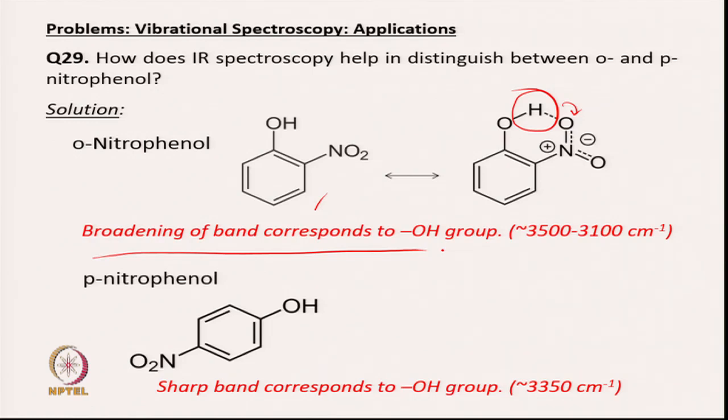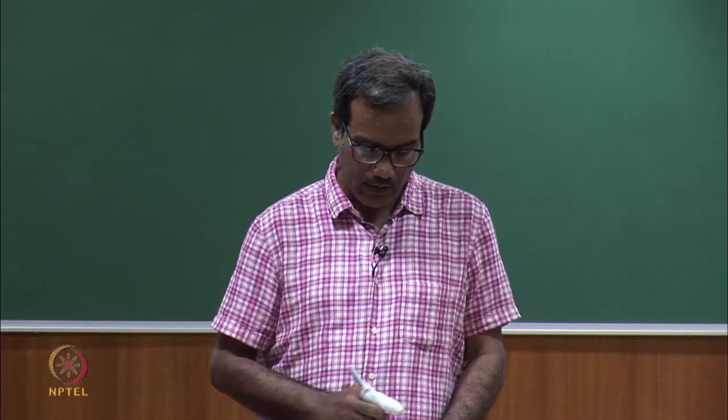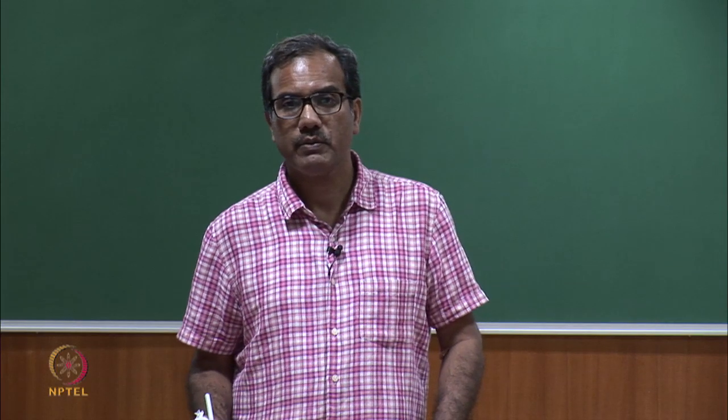Wherever there is hydrogen bonding of the OH group, there will be broadening, and this broadening will be observed between 3500 and 3100 cm^-1. In para-nitrophenol, hydrogen bonding is not possible between this hydrogen and the nitro group, and so you will get a sharp band corresponding to the OH group at 3350 cm^-1. So ortho and para-nitrophenol can be distinguished using IR spectroscopy.